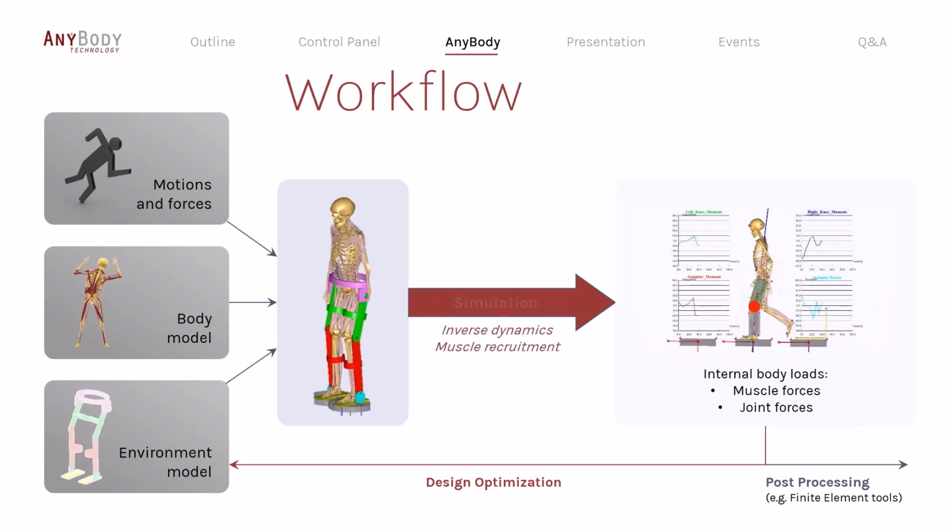This basically means that we go from motion to calculating the internal body loads and, in some cases, the interaction with the environment. You can then output the results and use them for post-processing with, for example, a finite element tool. But many users also choose to close this loop completely by doing some kind of design optimization and running this cycle multiple times.